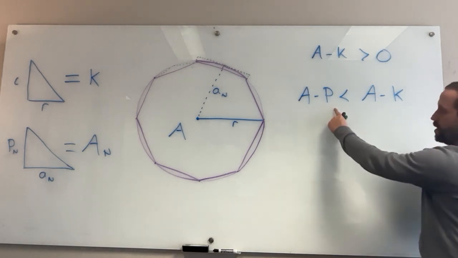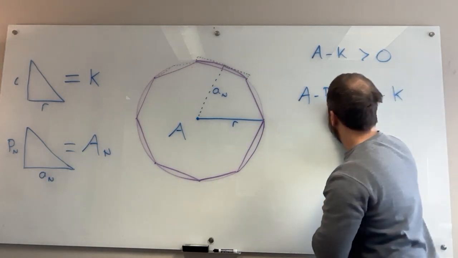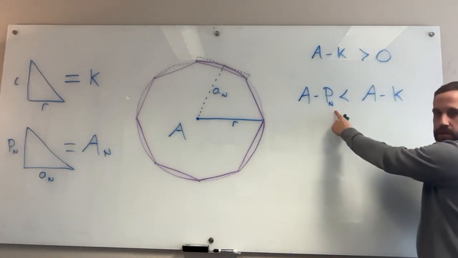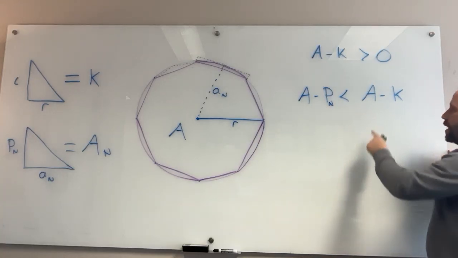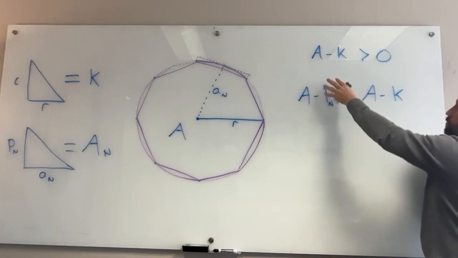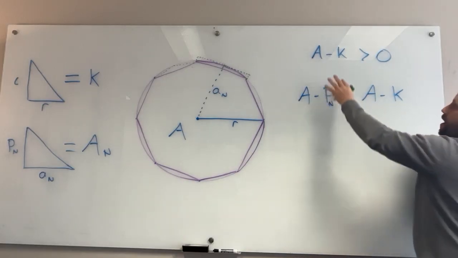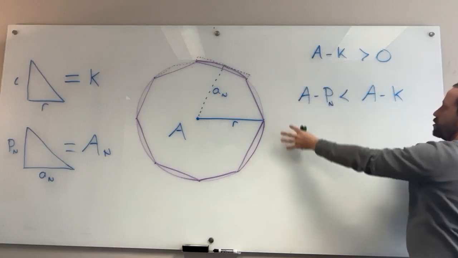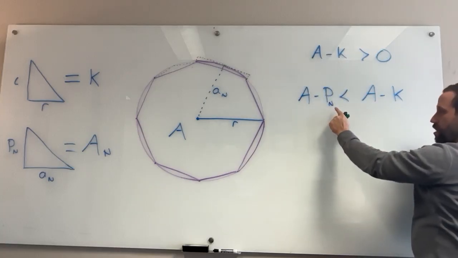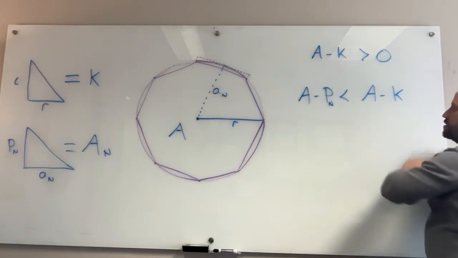Because I can make it, maybe I'll even put a sub in here, by taking n large enough, A minus A_n is going to be less than any number, in particular A minus K. If A is not equal to K, and we're looking at the case where A is bigger than K, then A minus K is positive, and so I can take some n so that A minus A_n is less than that.